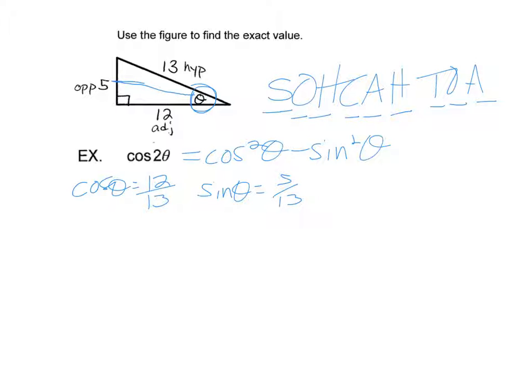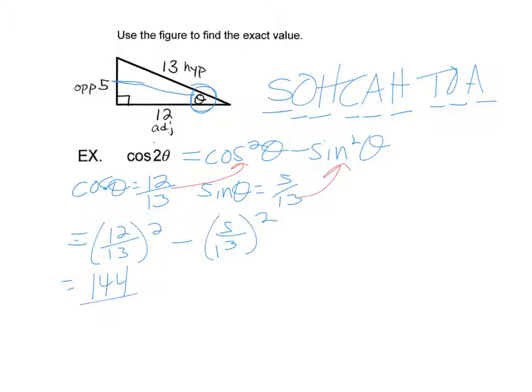So when I fill those values into the formula, we'll have 12 thirteenths squared minus 5 thirteenths squared, which is 144 over 169 minus 25 over 169, and that comes out to be 119 over 169.